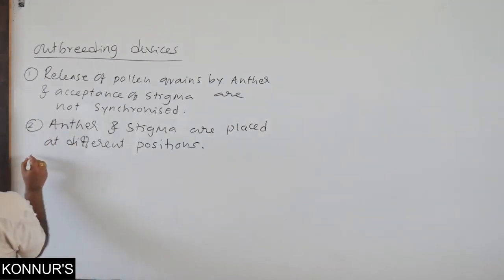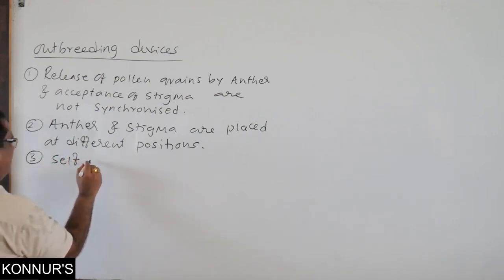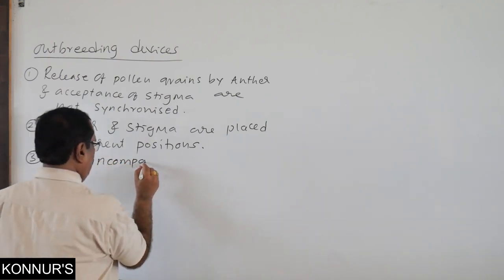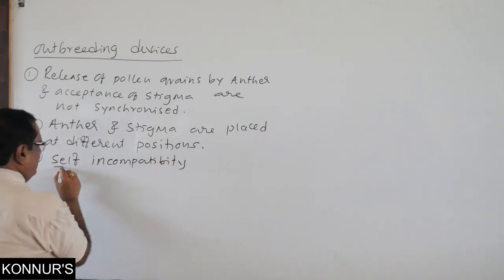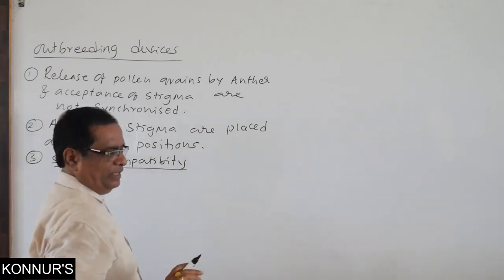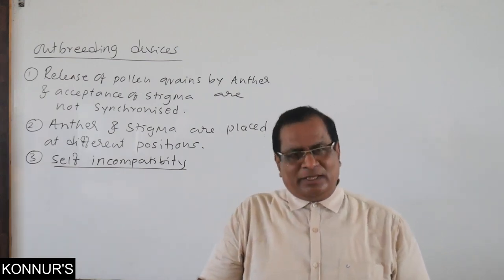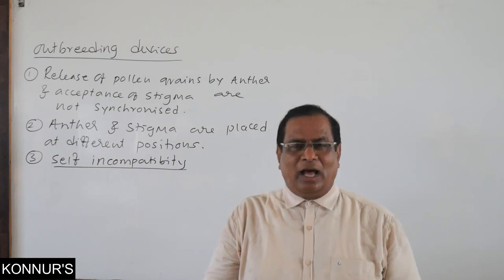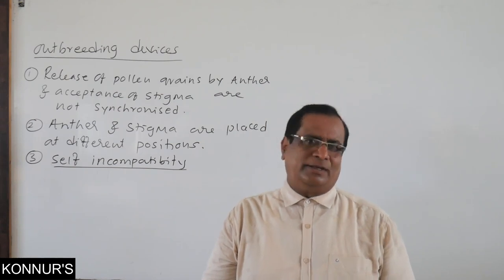And the next one, that is self-incompatibility. Incompatibility means that when the pollen grains fall on the stigma, they are not accepted by the stigma.